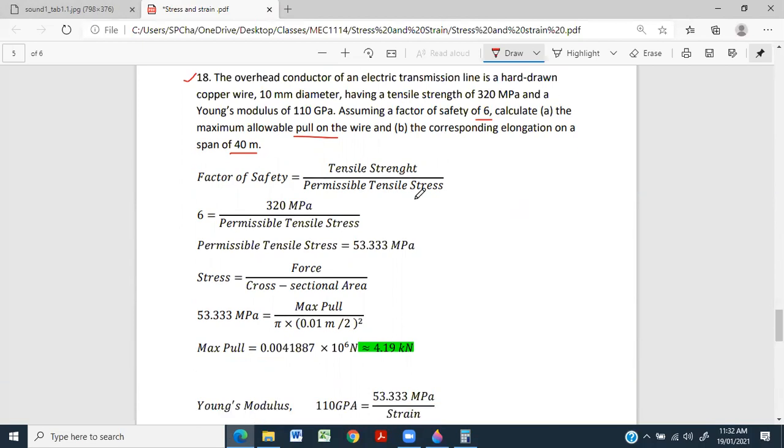So the safety factor again is based on tensile strength, which is the breaking point of the material, or sometimes you might not want the material to stretch, so you might go with yield strength.